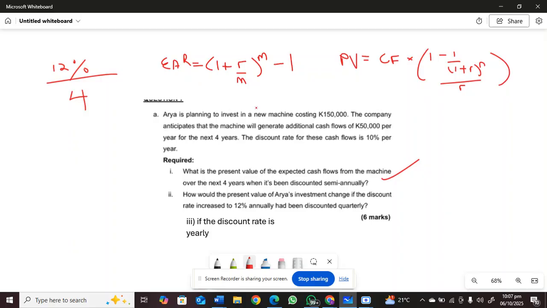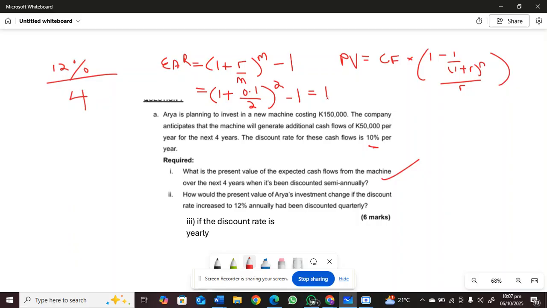Okay, so first things first, the discount rate is 10%. So we have to find the effective annual rate. So here it's going to be 1 plus r, which is our rate, 10% in decimal form is 0.1, over, since it's compounded semi-annually, M, the number of compoundings, is 2, to the power 2, minus 1.